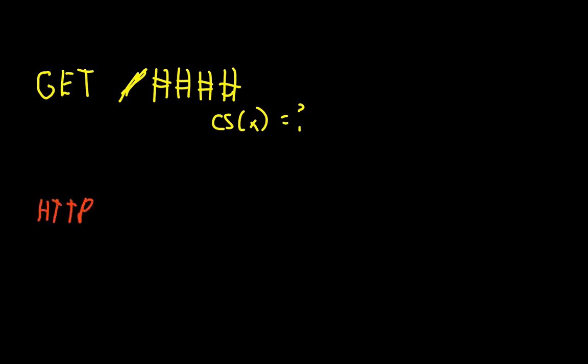So I mentioned in the first part of the last lecture that staging is a GET on some URI that checksums to some value. And the response to staging is something like this. It's going to be HTTP 1.1 200 OK. You're going to have a content type header.